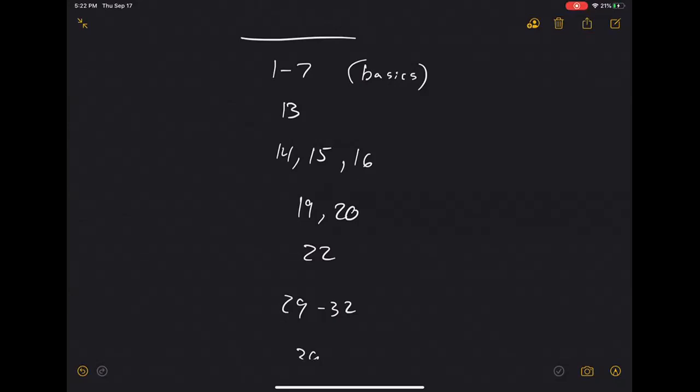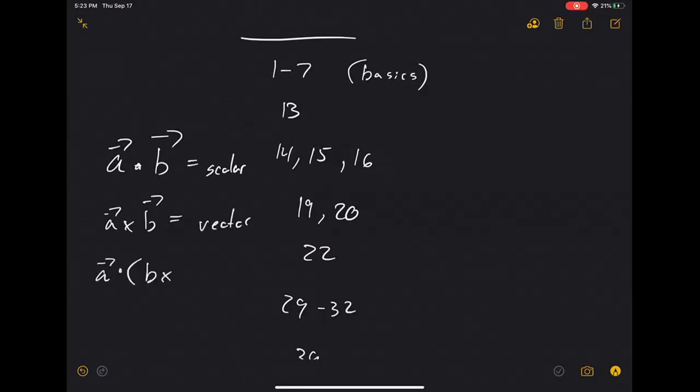Like if I give you a problem like A dot B, you should know that output is going to be a number, a scalar. If I give you A cross B, you should know that output is going to be a vector. And what is A dot B cross C? What is that going to give me?